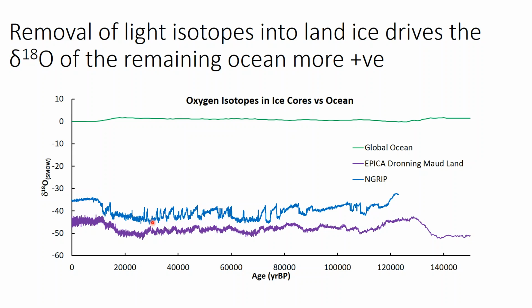So you can see that the Antarctic isotopes here are a little bit more negative in terms of their isotopic delta values than the Greenland ice core up here.